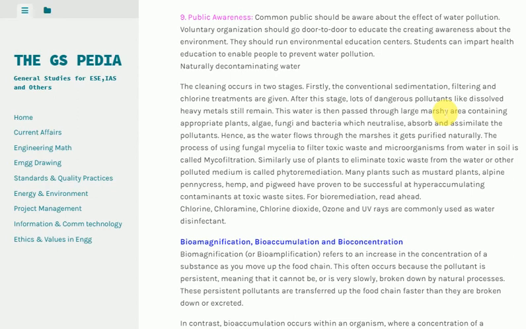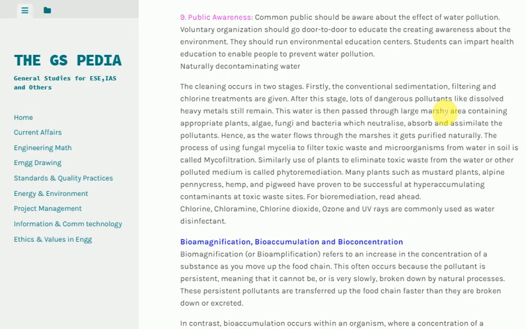The process of using fungal mycelia to filter toxic waste and microorganisms from water in soil is called mycofiltration. Similarly, use of plants to eliminate toxic waste from the water or other polluted medium is called phytoremediation.